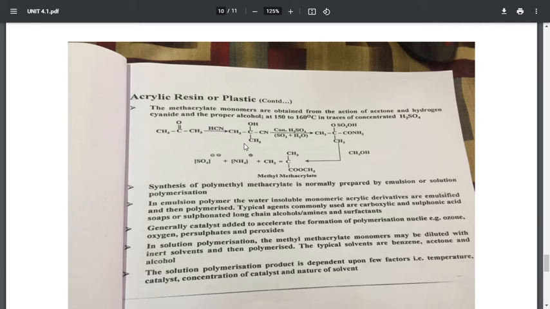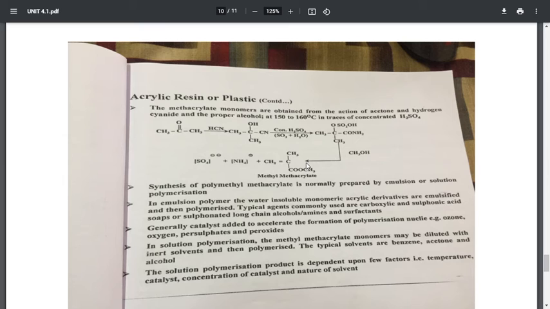So we get this intermediate product, and then in presence of concentrated H2SO4, further reaction we get methyl methacrylate. So this reaction is quite tough to understand. So you have to take a page and paper and then start writing it. And if there is any difficulty, then you can ask me.